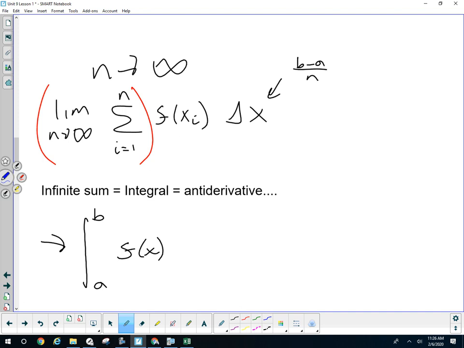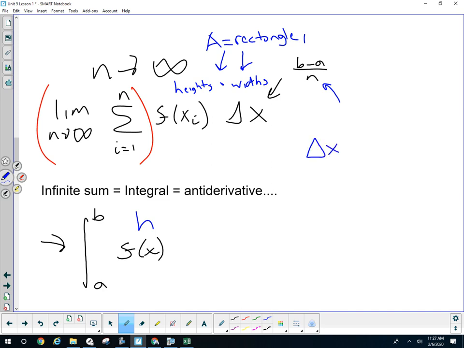Again, we are taking an infinite sum of heights times widths, right? These are rectangles. This is the area formula of a rectangle. These are my heights. What happens if n approaches infinity here? It gets very, very, very small. We've talked about delta x as an overall change in x.